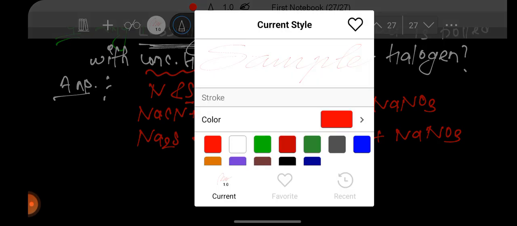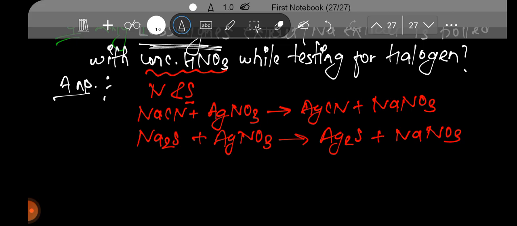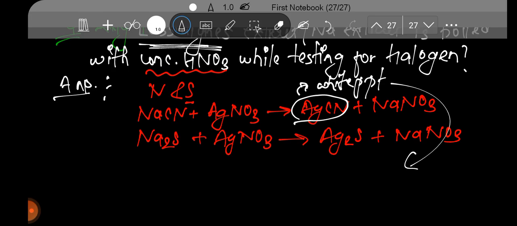This AgCN gives a white precipitate, which is what we expect for chlorine, but here there is the presence of nitrogen, so it can mislead.